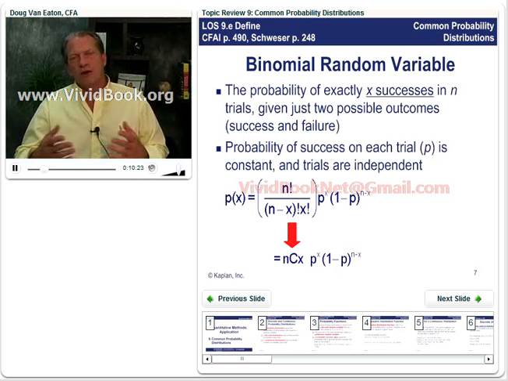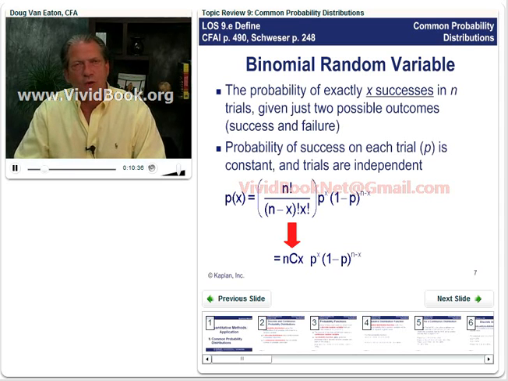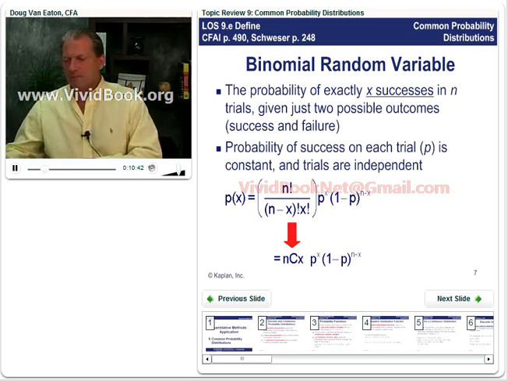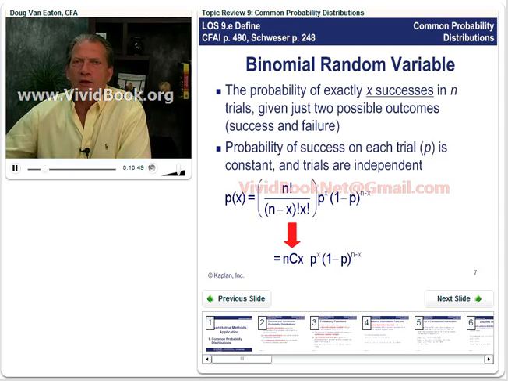If we define success as getting a black one, what's the probability of getting 3 black ones in 5 tries? That's what this formula is. So it's exactly 3. Remember, it's not 4, it's not 2. It's exactly 3 in 5 tries. This is the formula for it. And what we have here, our P, this right here, that's the probability of success.